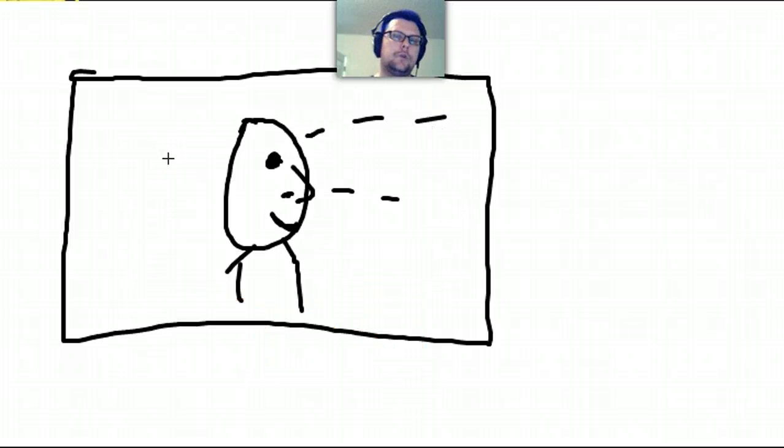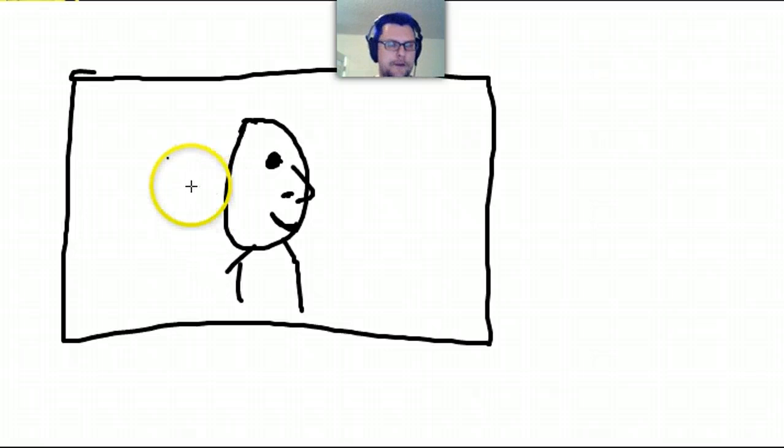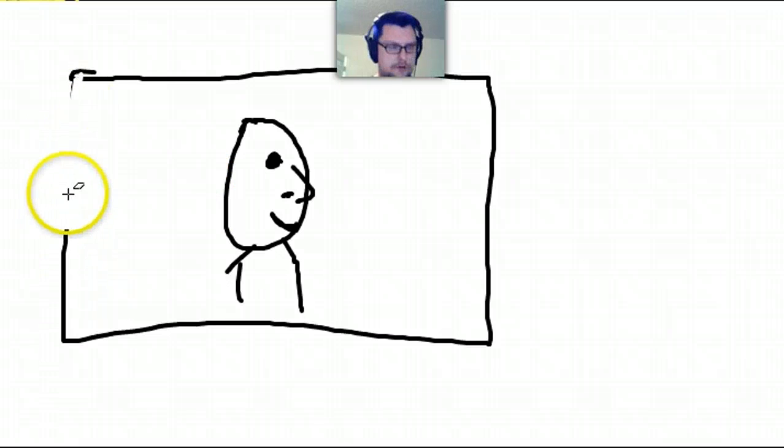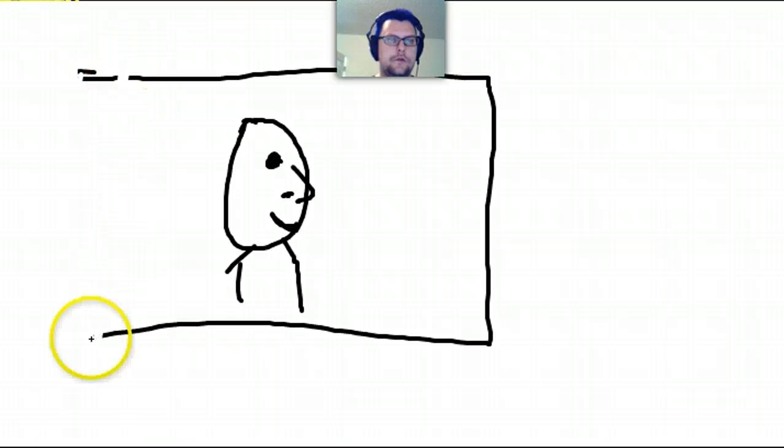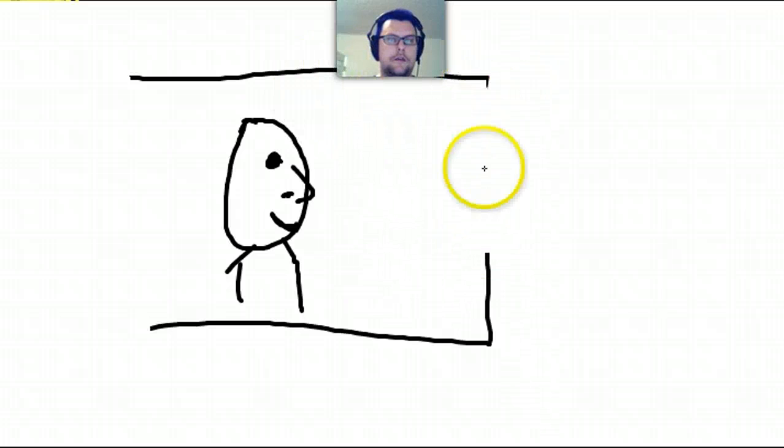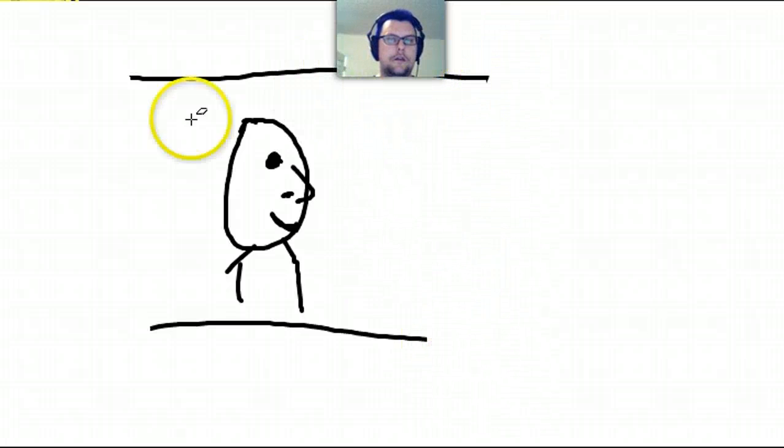So what you can do, if I can undo far enough, is you would reframe this. So we don't use that part. We're going to draw our frame now.